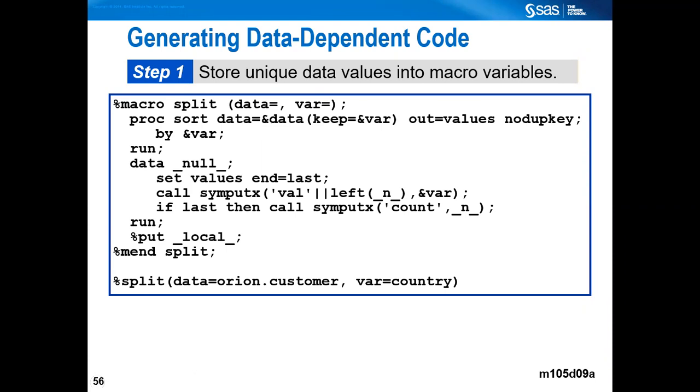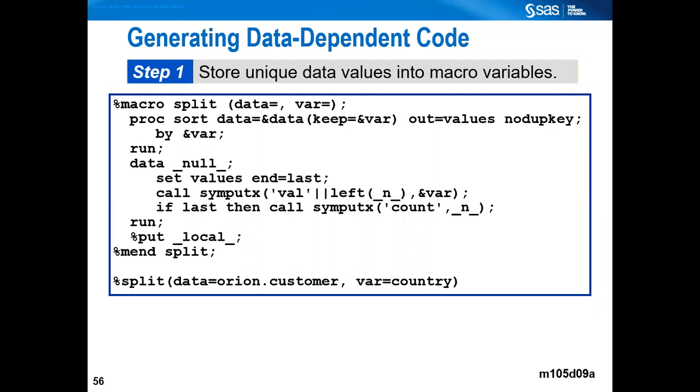We are not restricting this macro to be created only for a specific data set, because you can use the same macro for various data where you have the same concept or logic, that from a single data set you have to create multiple data sets.